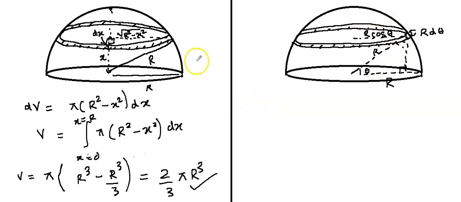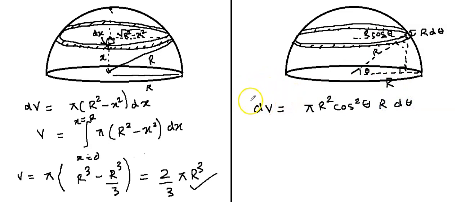So now we have what we had before: the radius of the elemental disk and the thickness of the elemental disk. So dV is pi times the radius of the cylinder squared, times the thickness of the cylinder, r d theta.